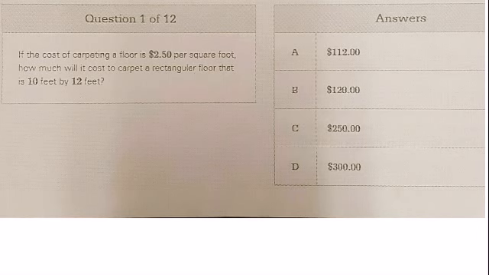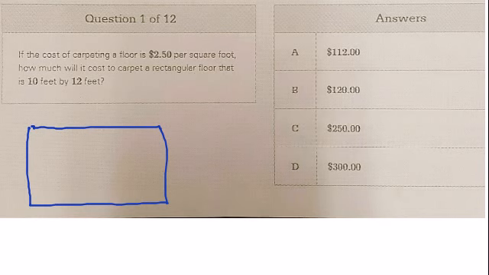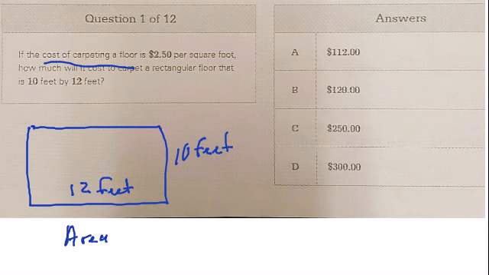So the first thing I'm going to do, since I'm very visual, is draw a rectangular floor. So there's my rectangle, and I know that it is 10 feet by 12 feet. And one thing you need to know: we're carpeting a floor, so that is area, because it's going all the way over. We're covering everything, so we're looking at area.